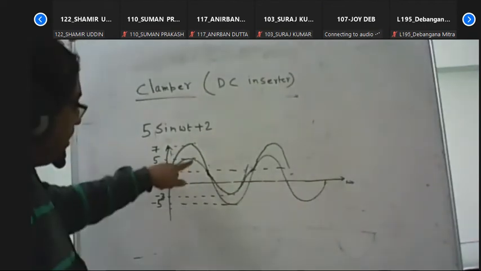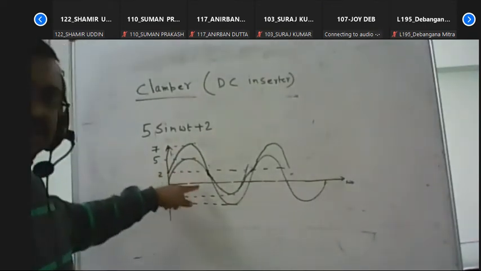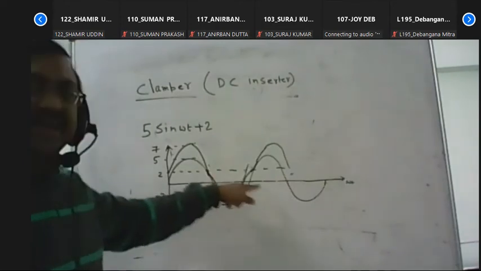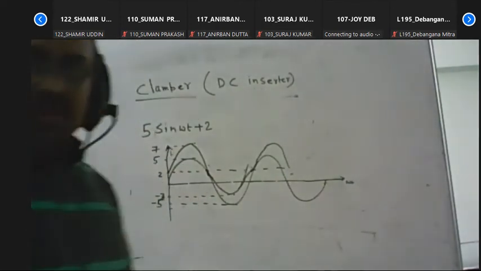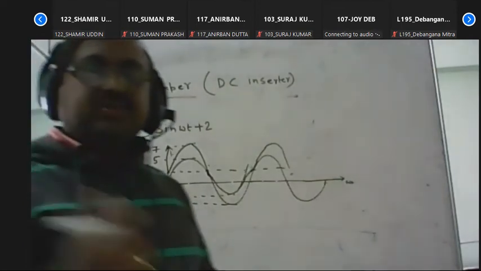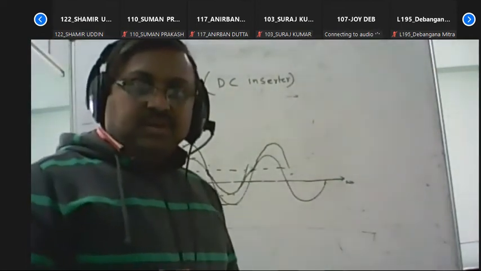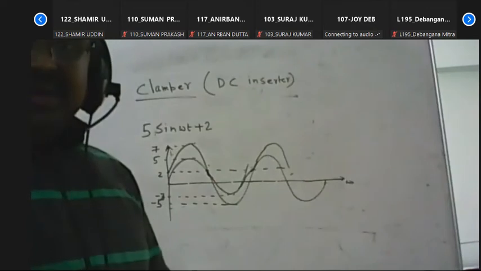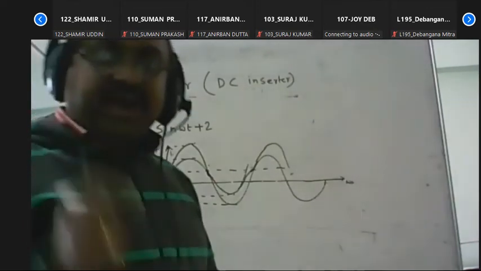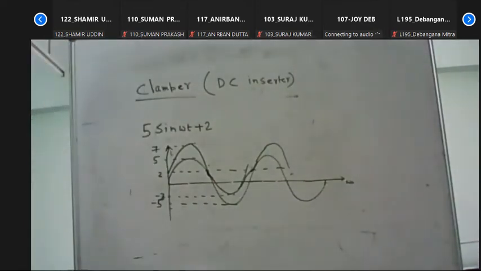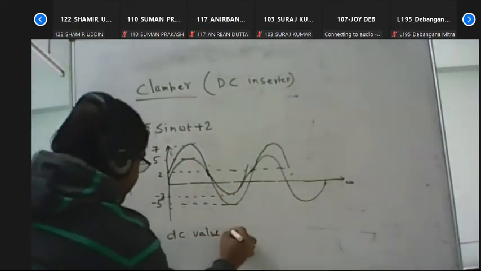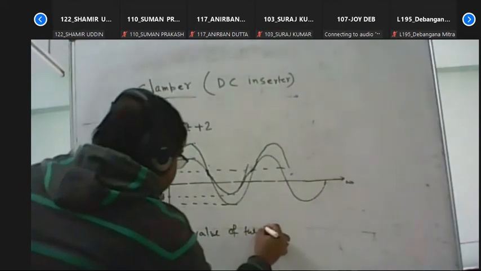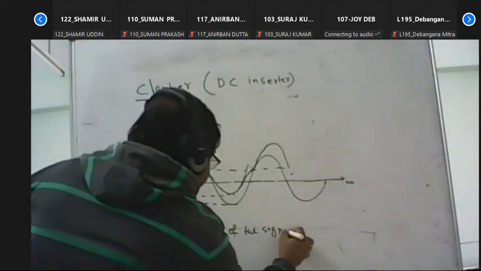That means the positive area is cancelled out by the negative area, so the total area covered by the signal equals 0. So the DC value of the signal 5 sin omega t is 0.